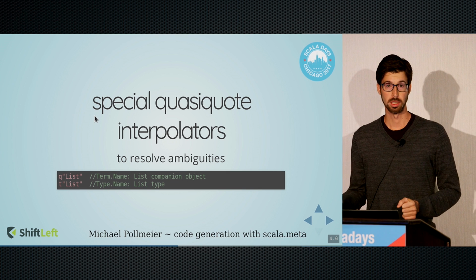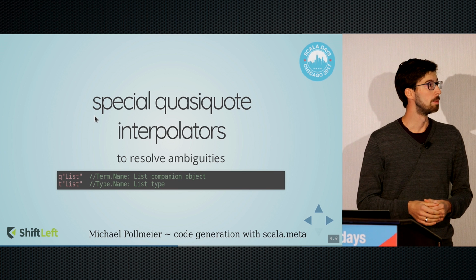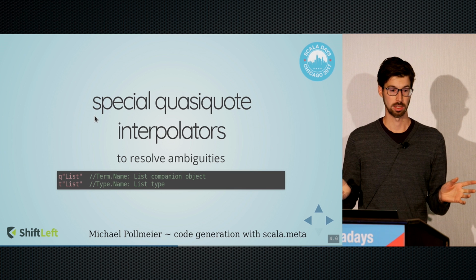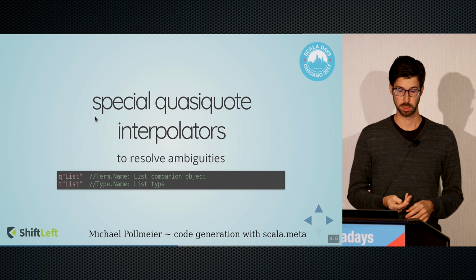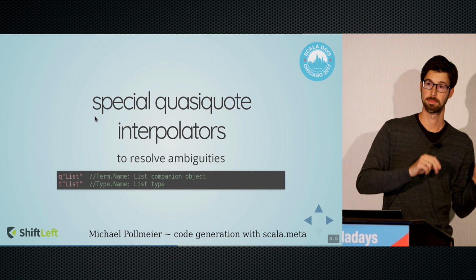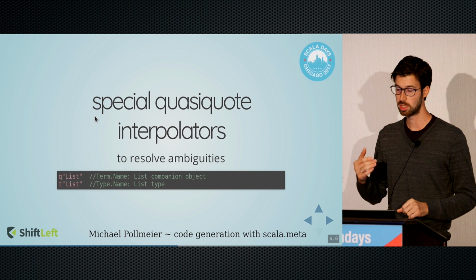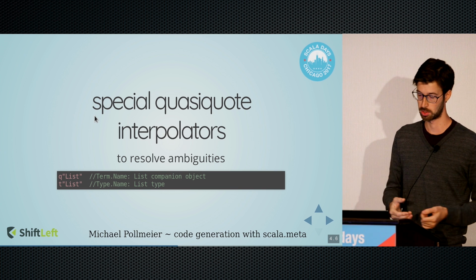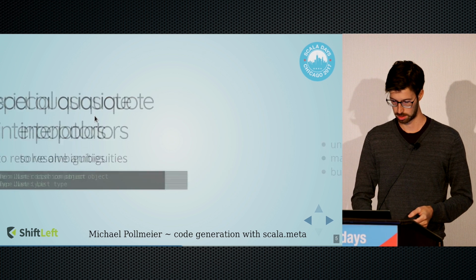If what you actually want is the type name, the class List that you want to reference, one way to build that is to manually instantiate Type.Name and then List. Another way, which is equivalent, is to write List in a string as well, but use the t interpolator. And there's other ones like param, and basically they're just there to disambiguate the quasi-codes. If they are ambiguous, this is how you can disambiguate them. We'll see some examples of that as well.